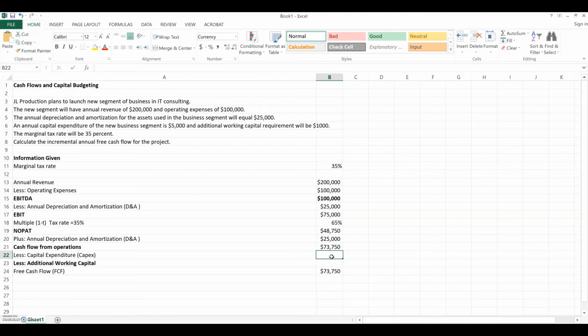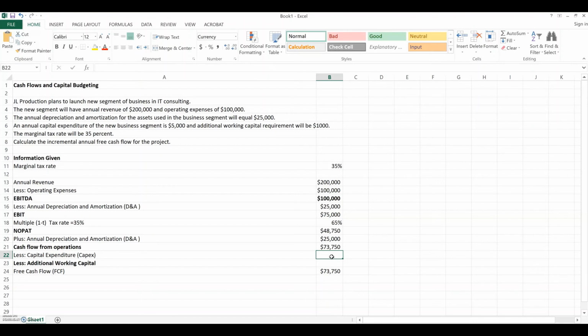that can include everything from repairing the roof of a building to purchasing a piece of equipment to building a brand new factory. So this type of financial outlay is also made by companies to maintain or increase the scope of operations.